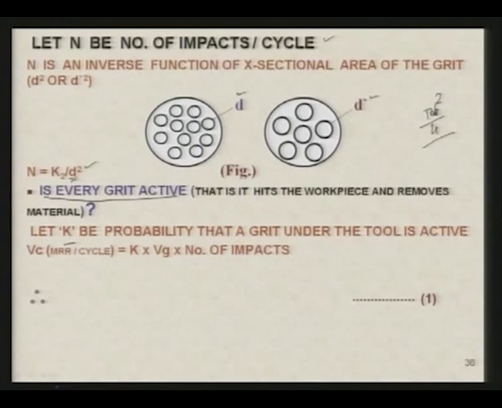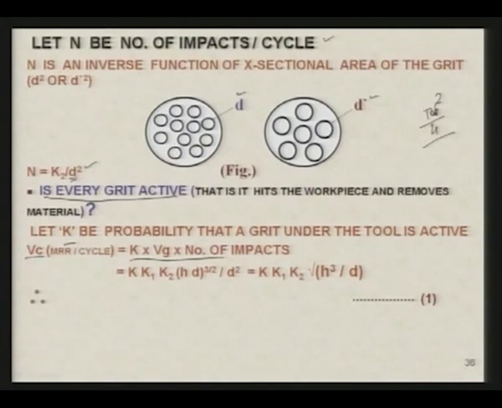Then Vc, the volume of material removed per cycle, where suffix c indicates the cycle, becomes equal to k, the constant as we have seen above, times Vg, the volume of material removed per impact, and the number of impacts. So, it becomes k k1 k2 h raised to power 3 by 2 divided by d square.